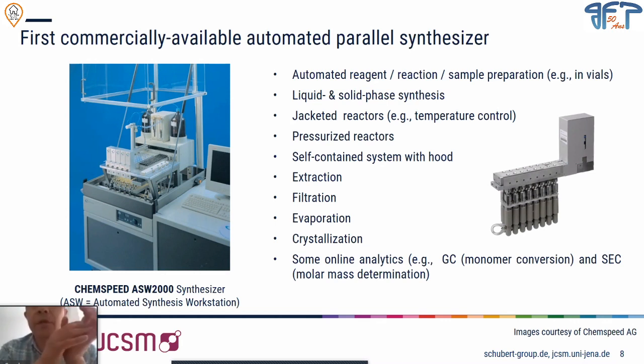You can do some basic separations of your compounds once you finish the reactions. So you can do extractions, liquid-liquid extractions for instance, or filtration, evaporation, crystallization. And you can couple it with analytical equipment, for instance gas chromatography to measure monomer conversion, or size exclusion chromatography for molar masses.